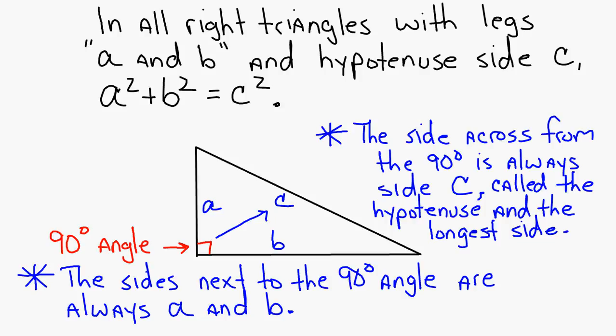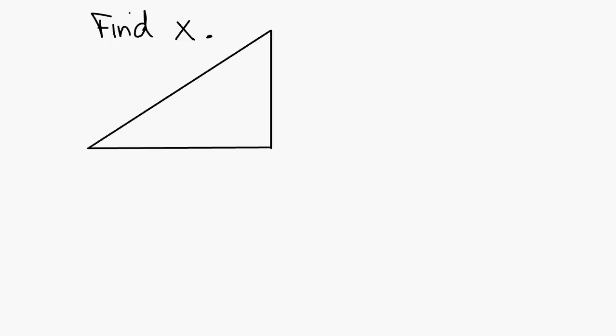So here's how this works. Today on your worksheet, you're going to be asked to find x. You're going to use the Pythagorean theorem to find x. So you're going to be given a triangle, and you'll be given two sides of the triangle.